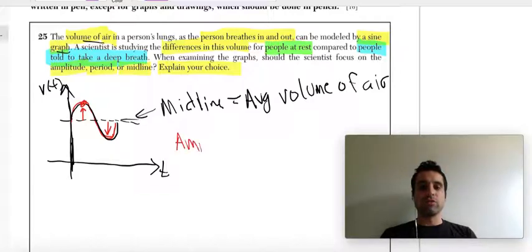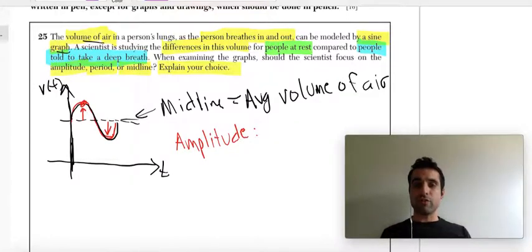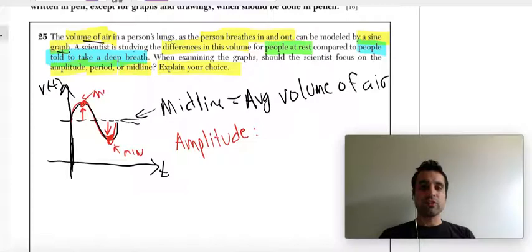The amplitude, in any sine curve, tells how much the graph goes up and down from the midline. If the amplitude was 3, it goes up 3 from the midline to get to the maximum, and down 3 from the midline to get to the minimum. So this is the min, and this is the max. In this context, it's volume, so it tells the increase and decrease in volume.